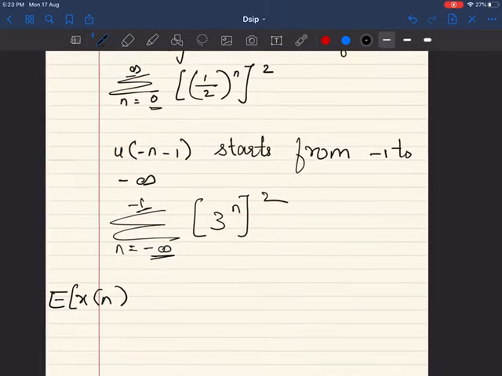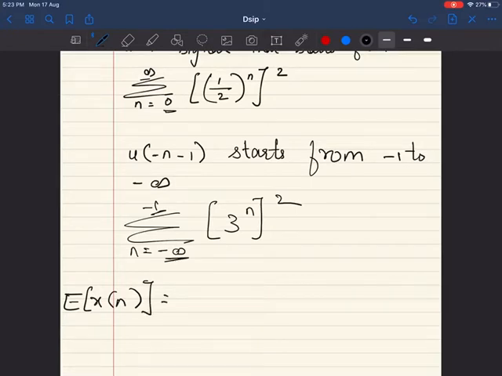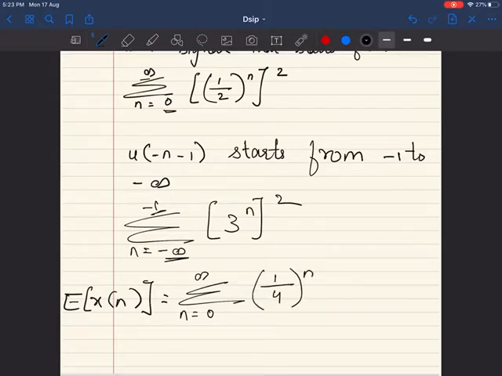Okay, writing this equation together, this is going to be the summation of n is equal to 0 to infinity (1 by 4) raised to n, since I just squared it, plus the summation of n is equal to minus infinity to minus 1, 9 raised to n.